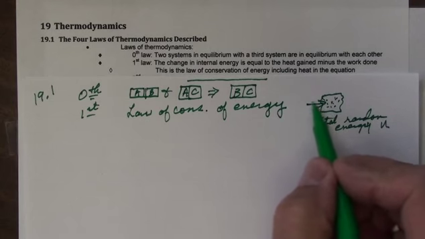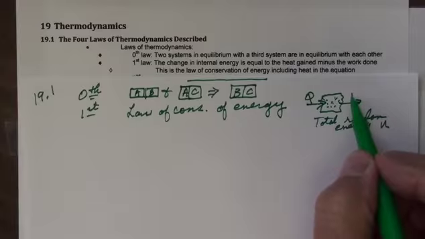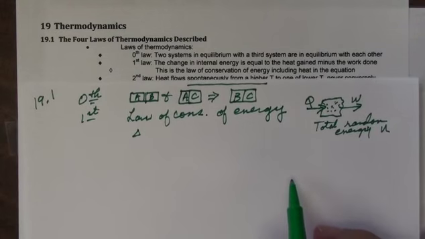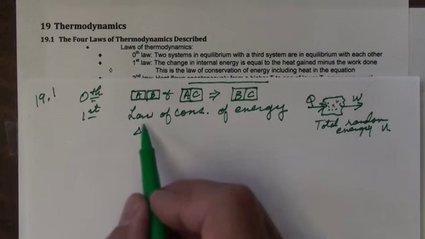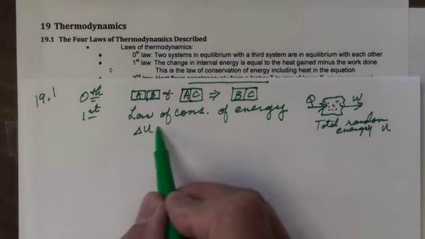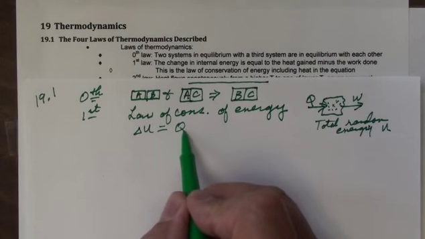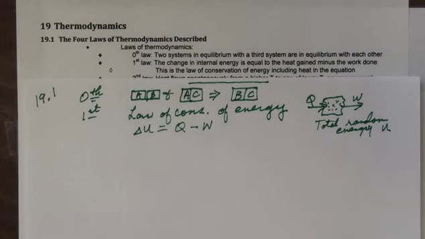So if heat goes in, Q, which is normally used for heat, and work comes out, then we'd say that the change in the internal energy, I don't have it here in the form of an equation, but the change in the internal energy is going to be equal to the heat in minus the work done.